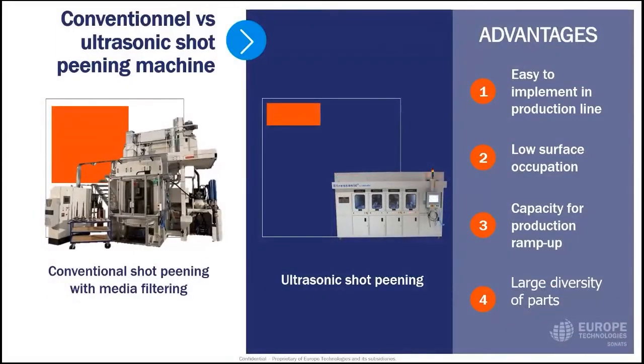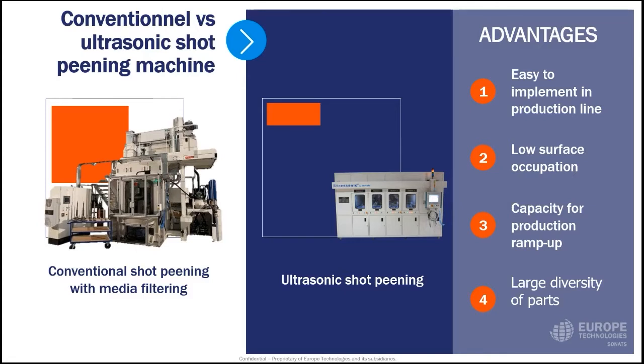One of the main advantages of this process is its footprint and its easy implementation in your workshop. Compared to CSP, the conventional shot peening process, its integration doesn't need any specific building engineering. So you put a USP machine in like you would a CNC machine tool. For example, the machine seen in the previous video has a small dimension of 6 square meters, excluding the automatic loader and basket management devices.